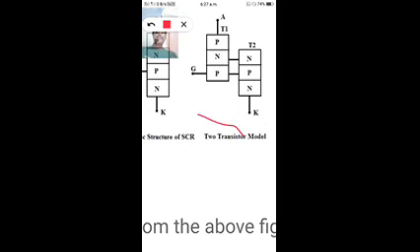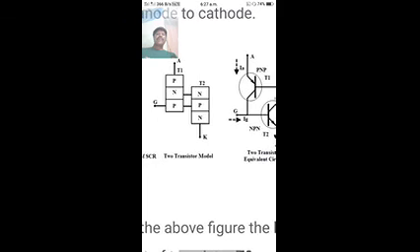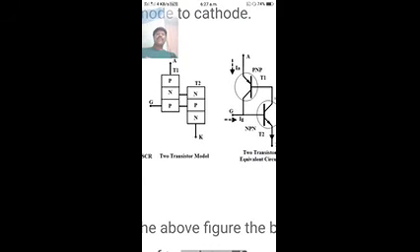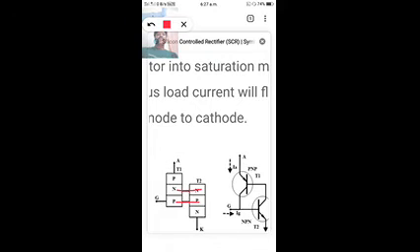See this, the inner N layer and P layer are common to both the transistors.